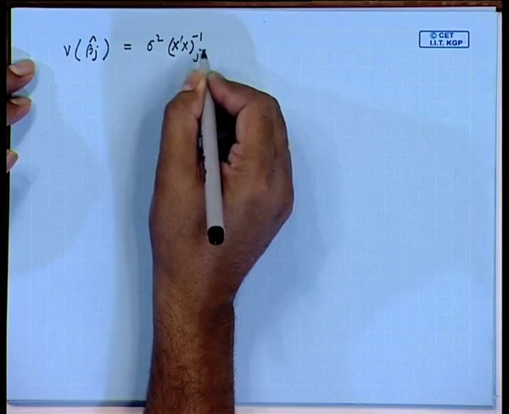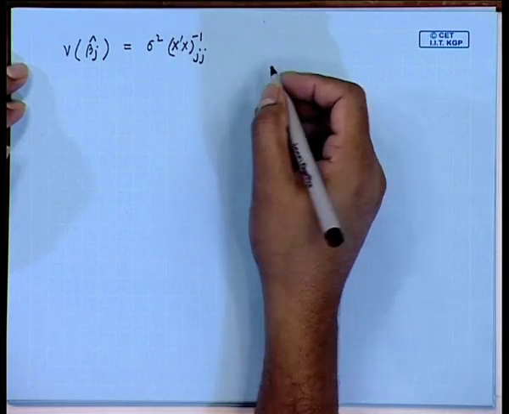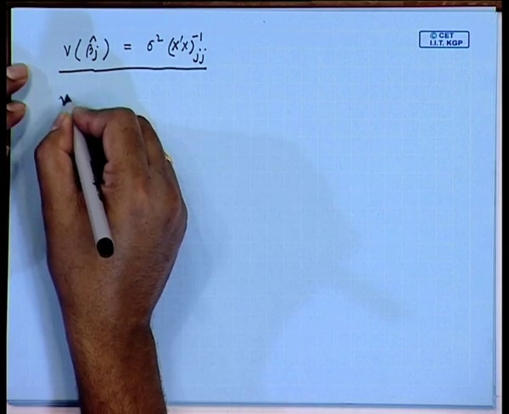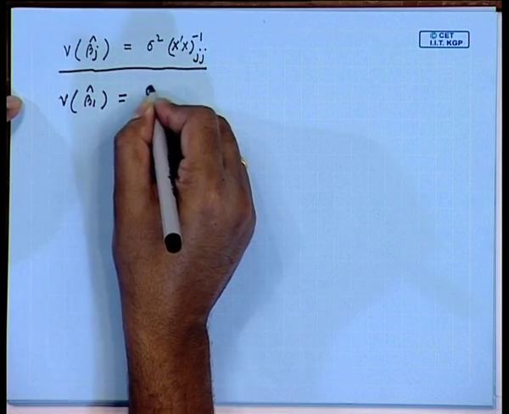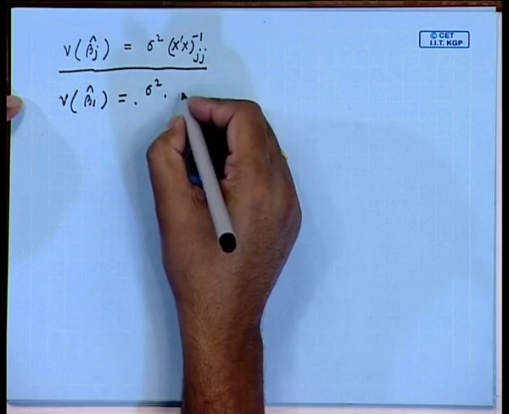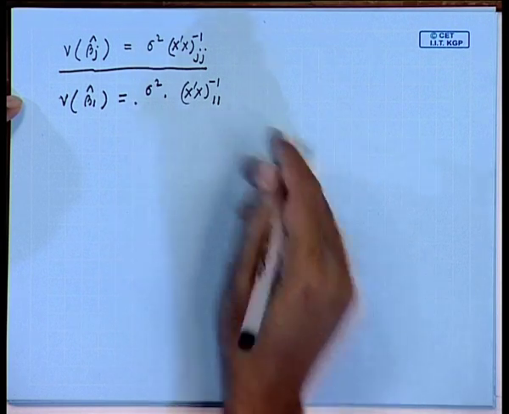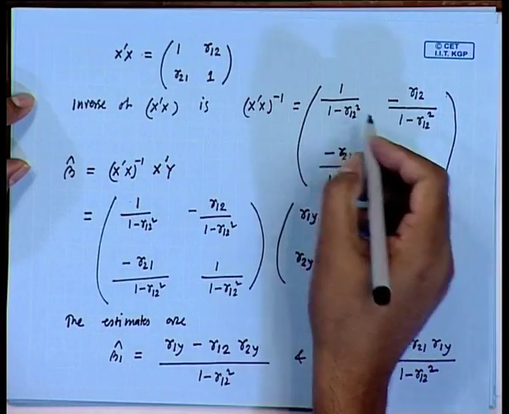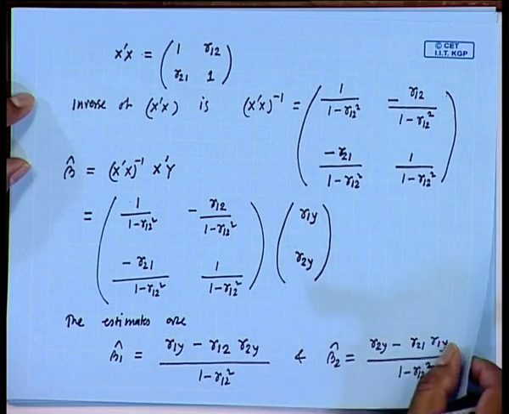So, variance of beta 1 hat is equal to sigma square into the 1/1th element of (X prime X) inverse, which is 1 by (1 minus r12 square).